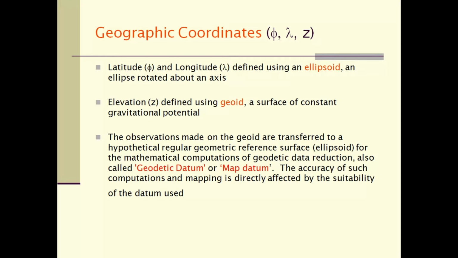The accuracy of such computation and map is directly affected by the suitability of the datum used. So that is very important. First, you have to select the proper datum for your observations or your map. Once you have selected the proper datum, then using a suitable projection, you represent data in a GIS map.